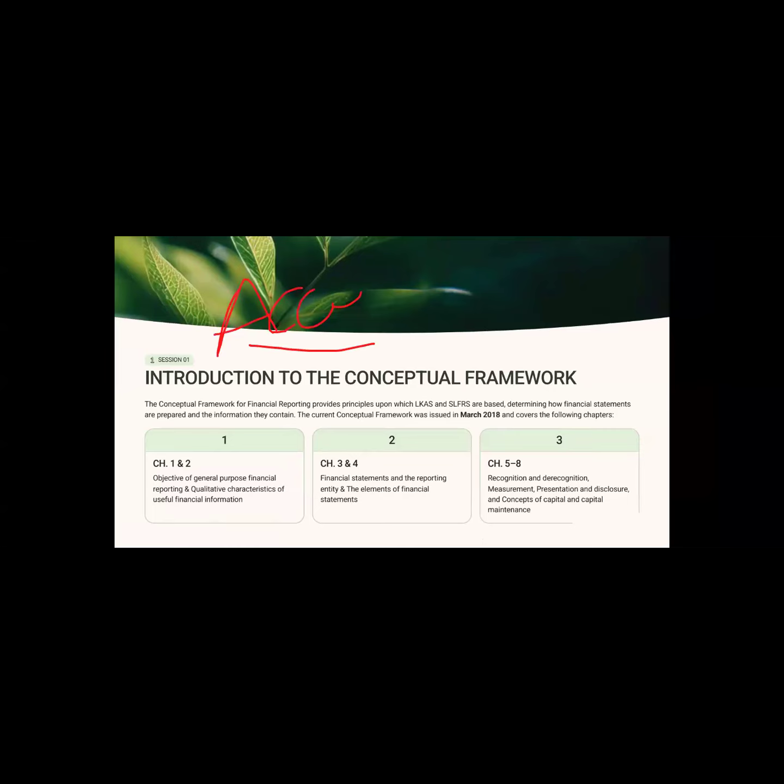It is a process where we give financial information to our stakeholders. If we are giving information, it should be proper, true information. So while providing financial information, there should be some characteristics, and those come under this conceptual framework, as well as the financial statements.